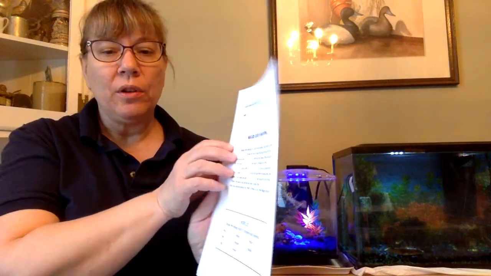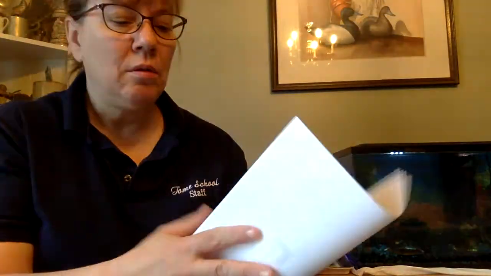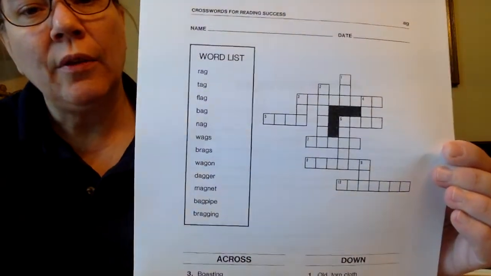I have found it's easier if you start with the crossword puzzle, because that way you get more familiar with the words that are going to be in your cloze puzzle, because a lot of them have the same words. So let's just go over the words in the word box on our crossword puzzle. Okay, so here's our word list. Ready?